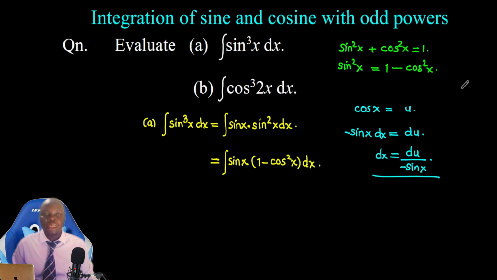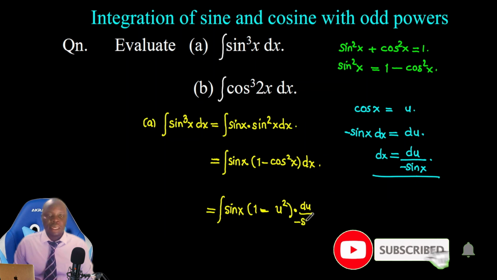Now let's do that here in our next step, where we have the integral of, remember we need to maintain our sine x here, and we have our 1 minus. So this time around, since we already let cos x to be u, we shall replace this one here with u squared times our dx as du over negative sine x.